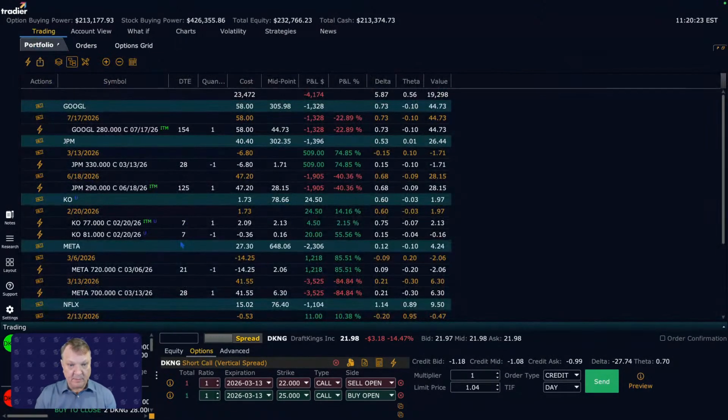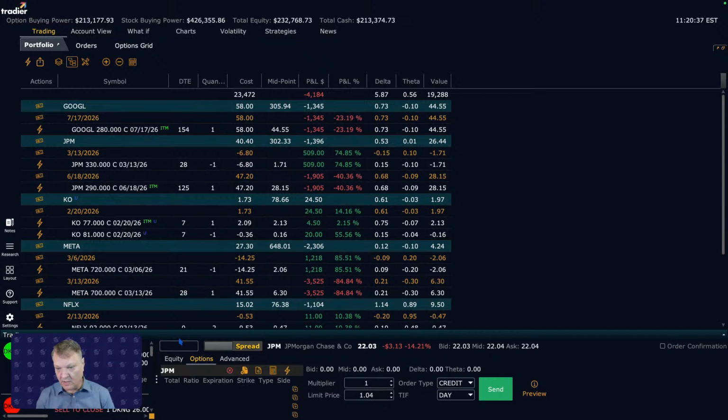Let's go back to our portfolio. Now, one thing we did well here in our JP Morgan trade, JPM, the stock came off a little bit, and that kind of hurts our long call, but it's kind of looking like we are going to get a reprieve on our 330 strike call. At this point in time, we got 28 days remaining to expiration.